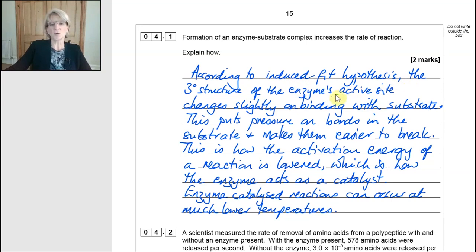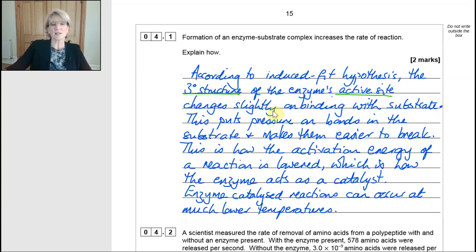I'm going to make sure that I talk about the active site of the enzyme, not just the enzyme itself, and that I need to talk about either the tertiary structure of the enzyme's active site or the shape of the enzyme's active site. Always talk about either the tertiary structure or the shape of the active site, and never just the tertiary structure of the enzyme. That is always my advice.